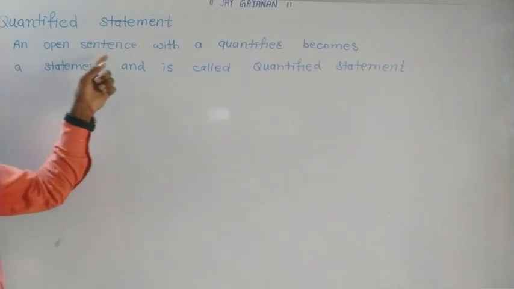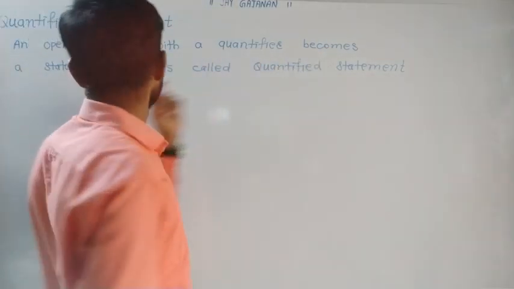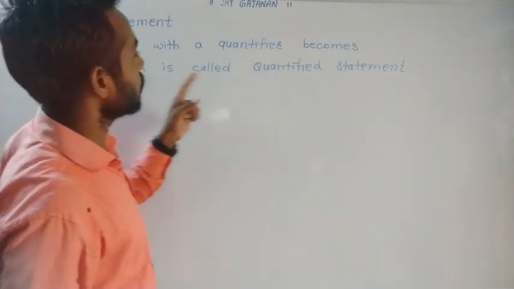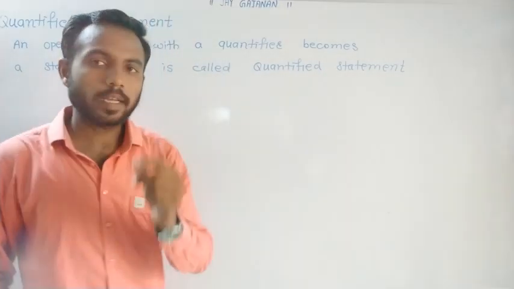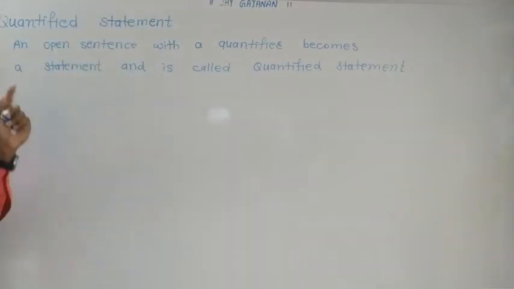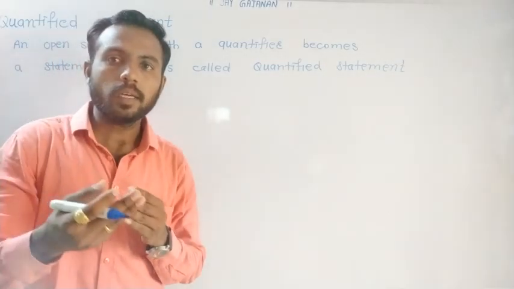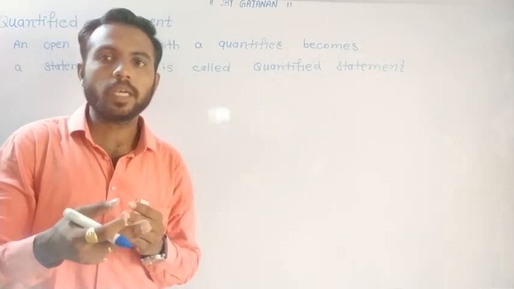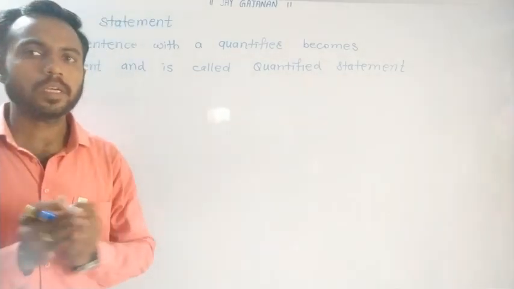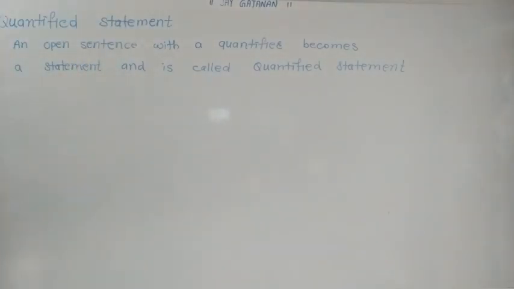An open sentence with a quantifier becomes a statement and is called a quantified statement. Already I have told you, a quantified statement means an open sentence converted into a statement by using a symbol. It's called simply a quantified statement. Okay.